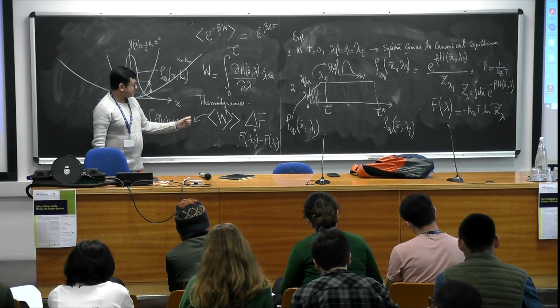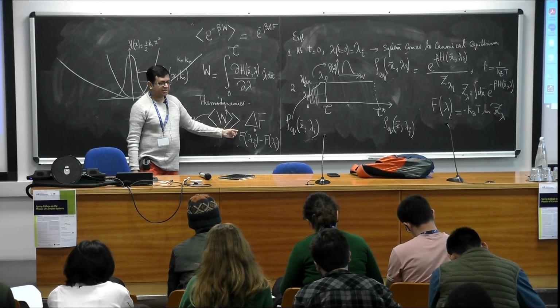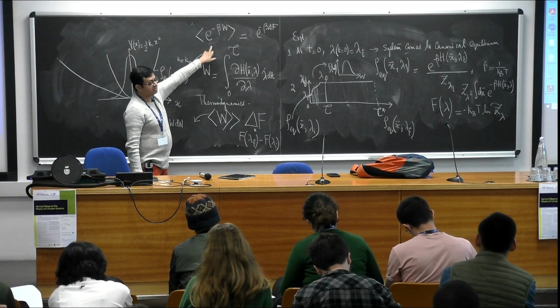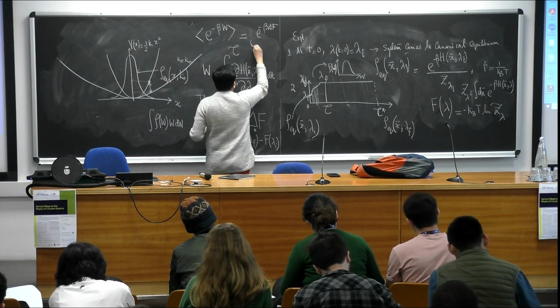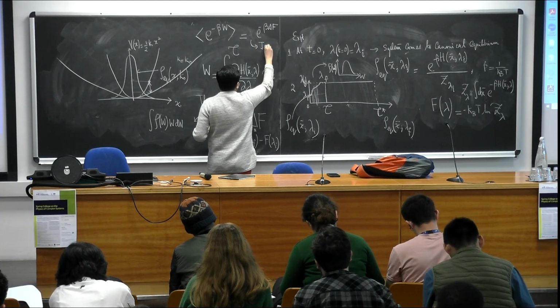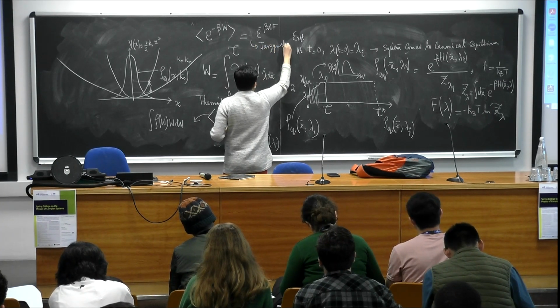It's a magic that although at the level of the quantities themselves they have an inequality, when I exponentiate them they become an equality. This equality is very famous in the literature, and it's called the Jarzynski equality.